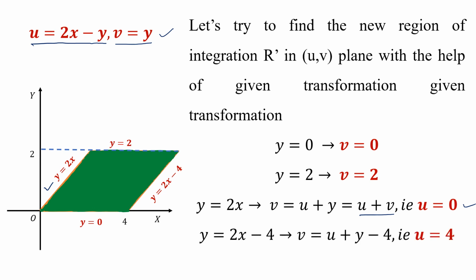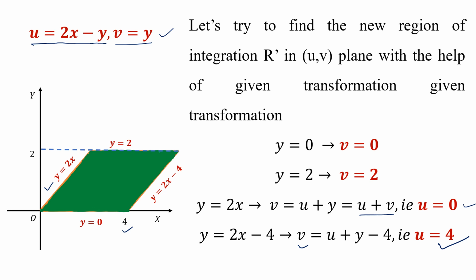Now the second is y equals 2x minus 4. So we keep here y equals v, and 2x is again u plus y, and y is also v. So in that case, the next line that we get is u equals 4. So that 4 is written for u.